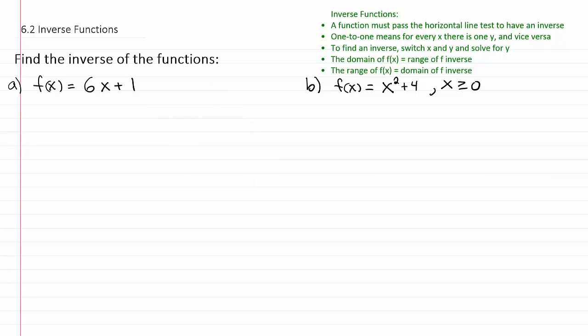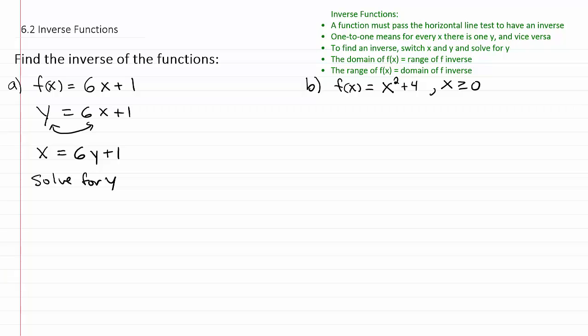First we're going to make f of x into y, which is a pretty standard notational switch. Then we swap these two positions, so it'll be x is equal to 6y plus 1, and then we solve for y. A really simple idea: switch the x and y variables and then solve for y.